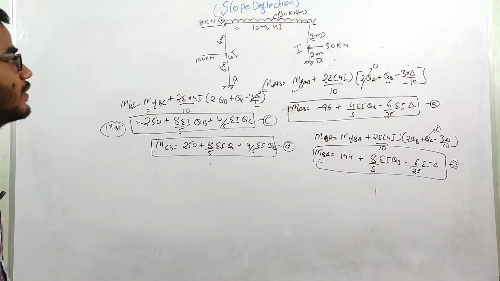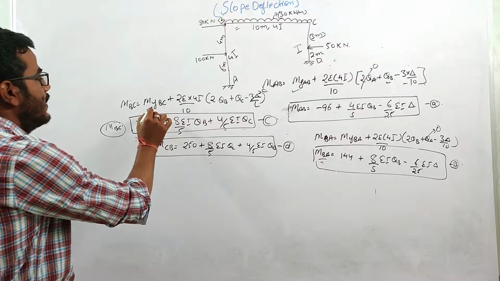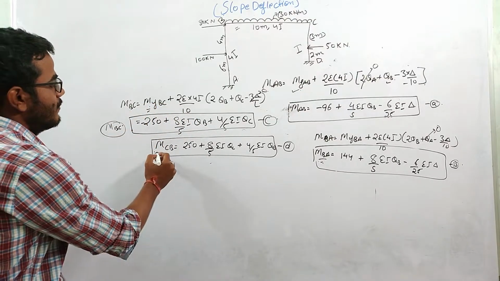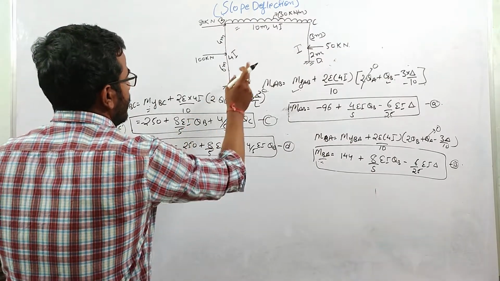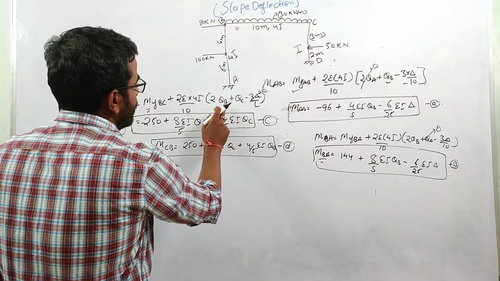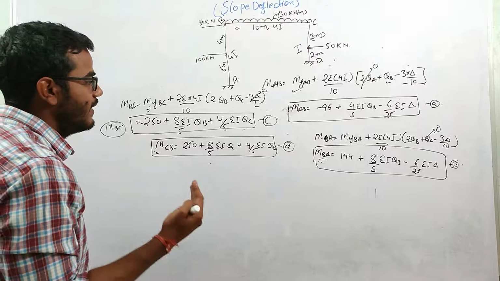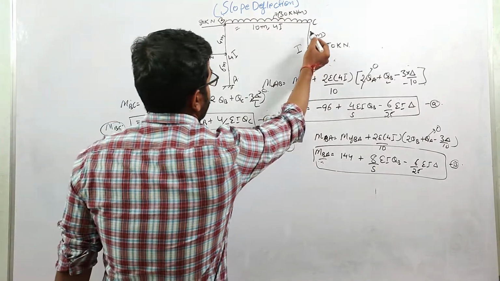We just need to put the value of MFCB in this equation and we'll get this value. So when we are writing MCB, the equation will be twice theta C plus theta B. Okay, I'm not writing that out, right? Now let us come to this member CD portion.